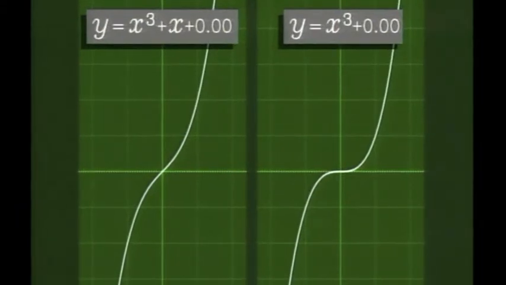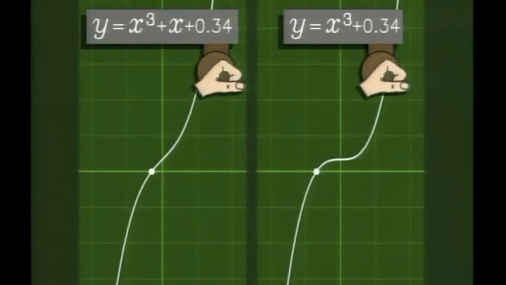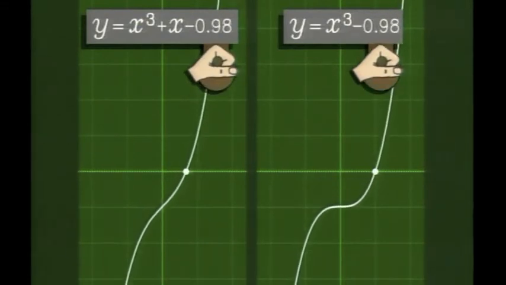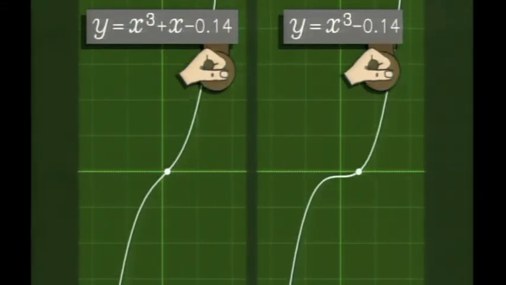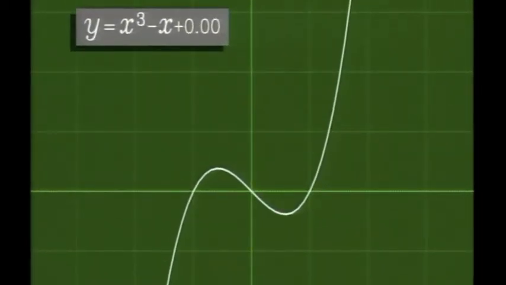In each of these 2 examples, the graph crosses the x-axis at exactly 1 point, even when the graph is moved up or down. But in this example, the graph crosses the x-axis at 3 distinct points.